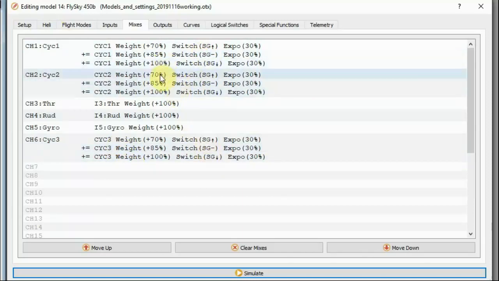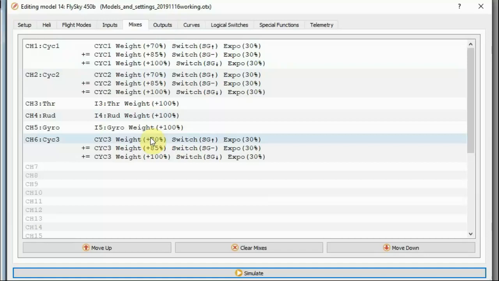So if we apply 70%, we put the switch in the back position, we'll get 70% less forward tilt and back tilt with the right stick, and 70% less right and left tilt, but we'll also get 70% less pitch, which we don't really want, but this seems to be the only way of putting switchable rates in OpenTX that I can see.